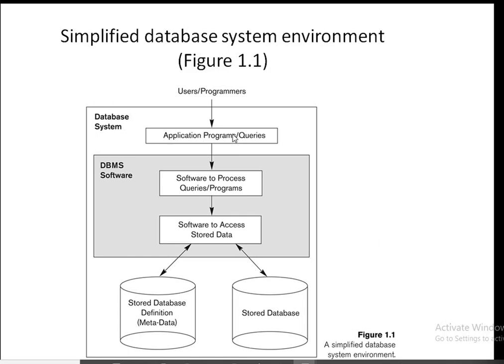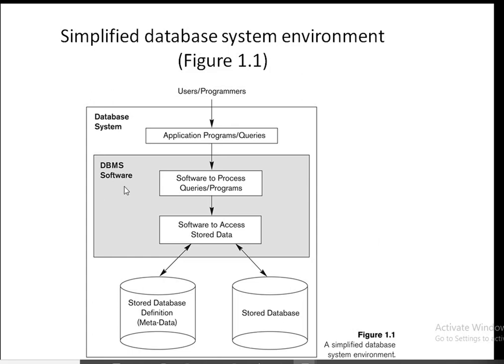In the database system, we have software where we can put in queries, and with the help of that we are able to retrieve from the database. An example of a database system is any application created over the database.